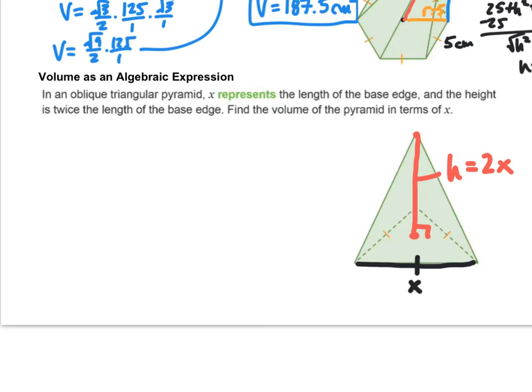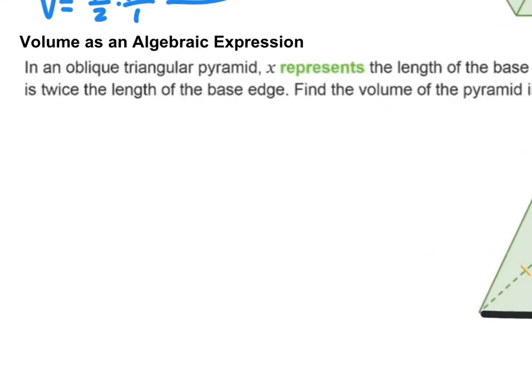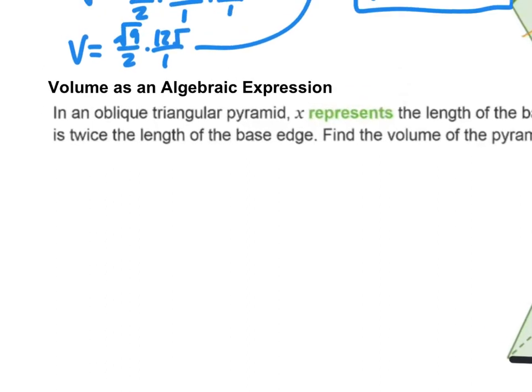If I were to find the volume of the pyramid in terms of x, remember that the volume of a triangular pyramid is the square root of 3 over 12 times s squared times my height.